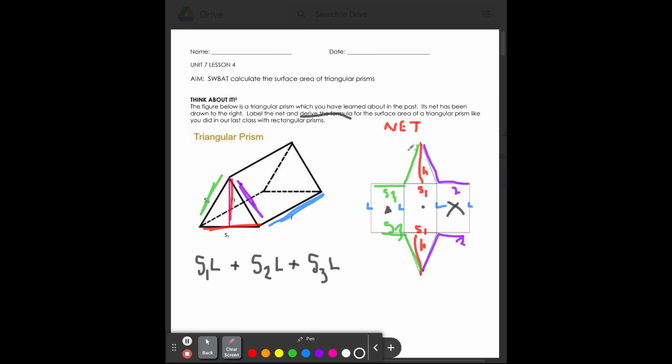So now to find the area of this triangle, the triangular face, well, what's the formula for a triangle? The formula for a triangle is half of our base times the height. And when we look at our triangle, what's the base? The base is side 1. And we don't know what the height is, but it's represented by h.